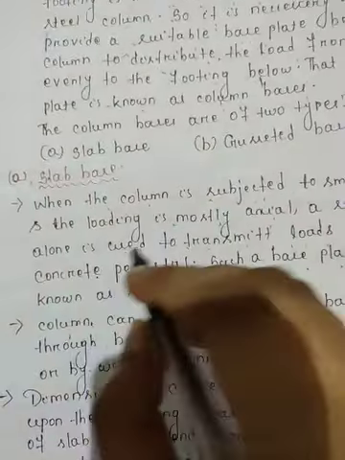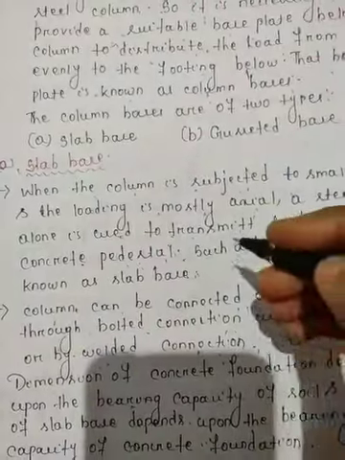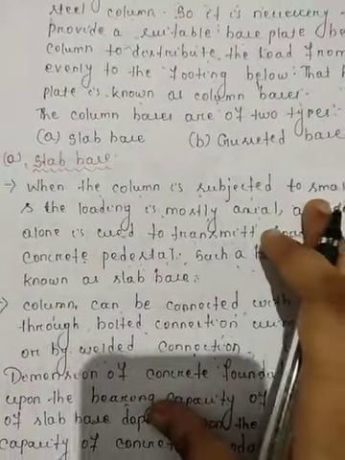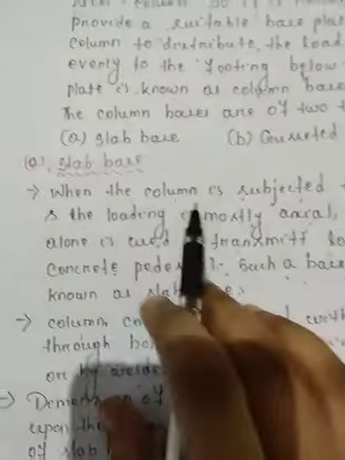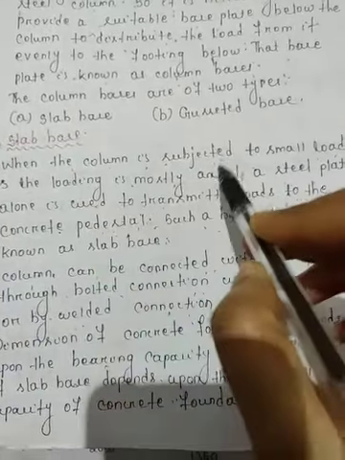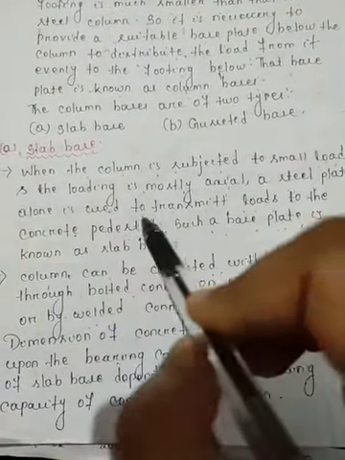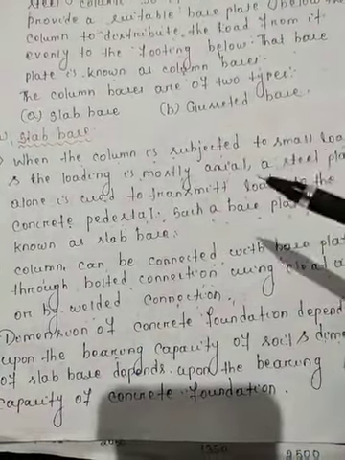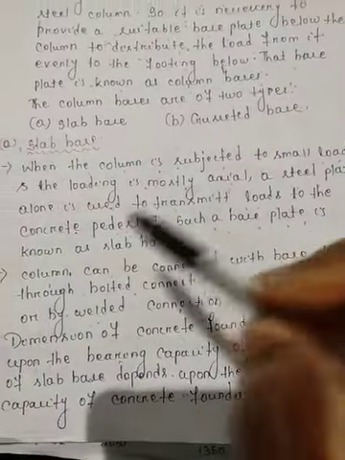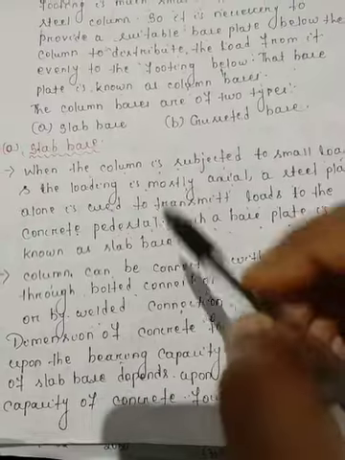In slab base we will see in which condition we use the slab base. So here I have written, when the column is subjected to small loads and the loading is mostly axial, a steel plate alone is used to transmit loads to the concrete pedestal or concrete foundation. Such a base plate is known as slab base.